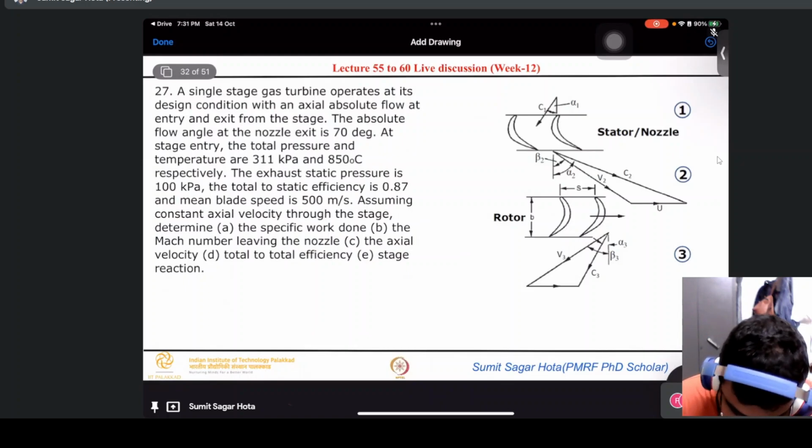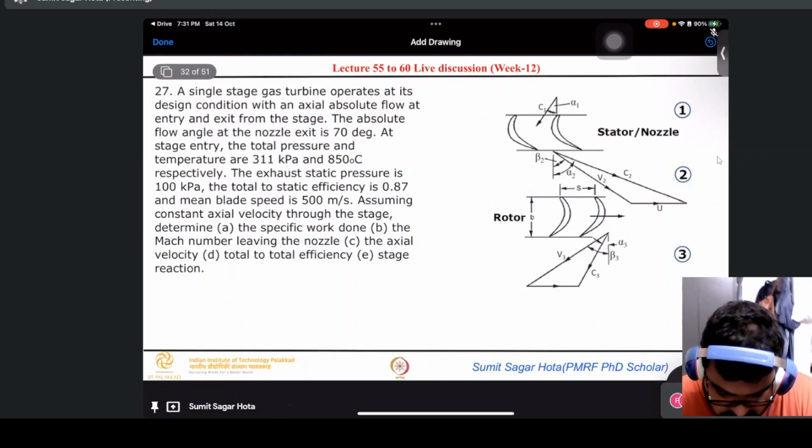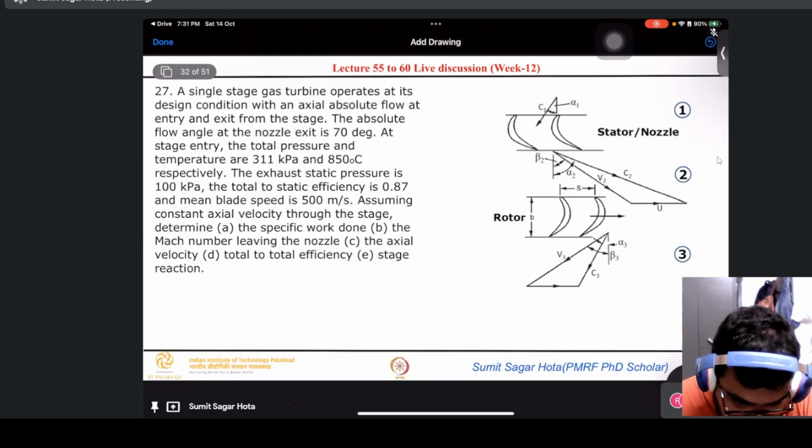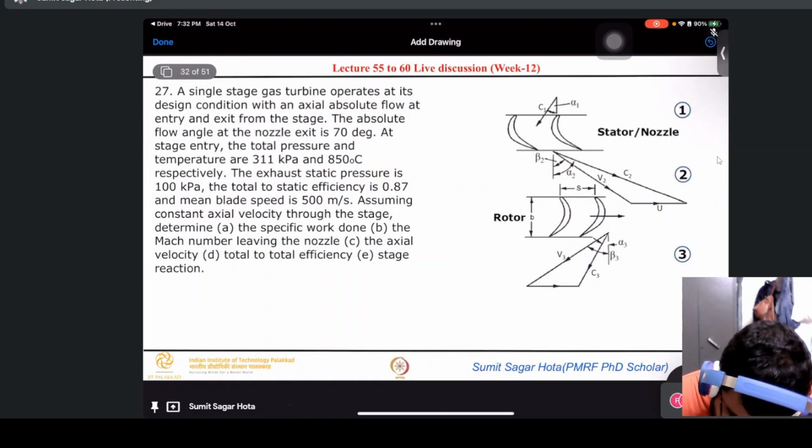Okay, now next question. A single stage gas turbine operates at its design condition with an axial absolute flow at entry and exit from the stage. The absolute flow angle at the nozzle exit is 70 degrees.